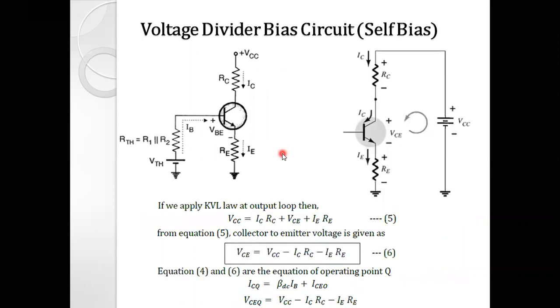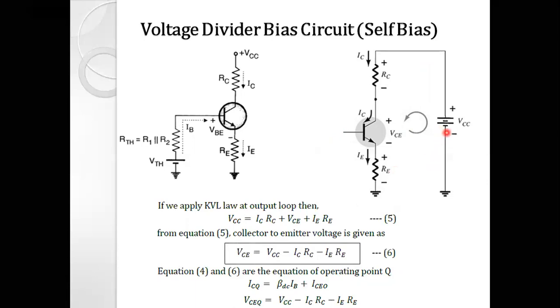Okay, let us redraw the output section and apply KVL at the output side and find the expression for VCE. While analyzing the output section, make sure that the input terminal, that is the base terminal, is kept open. So here you can see that the base network is not present, but the output collector and the common terminal emitter network is present.